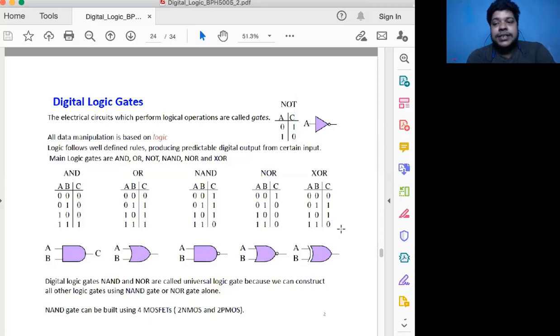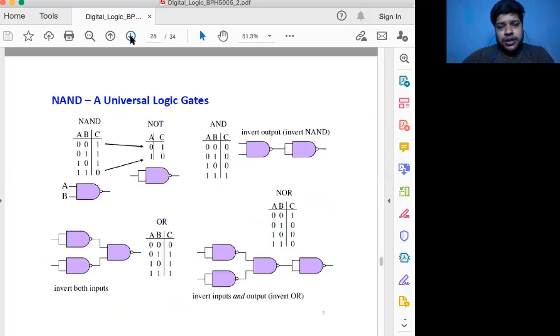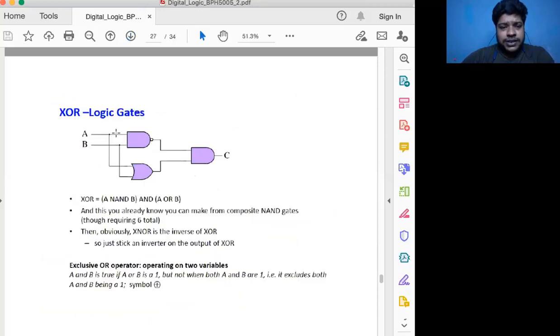Basically, because of this property, that if both signals are the same it gives 0 and if they are different it gives 1, the XOR gate is used as a parity checker. We will go into this later, but let us see some more information.